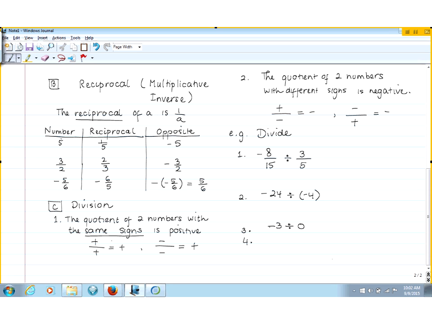And then last one, what is negative 5 over 6 divided by negative 4 over 41? Okay. All right.